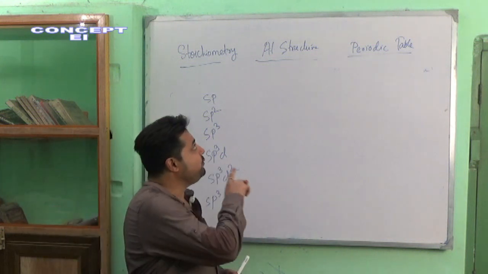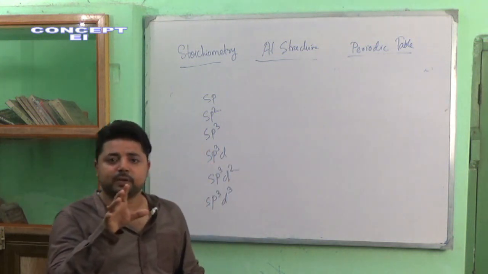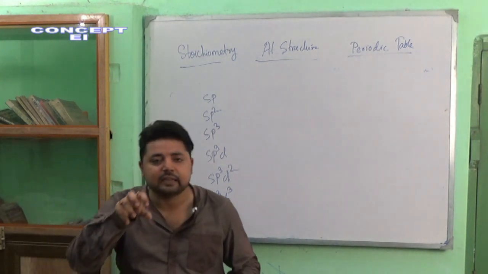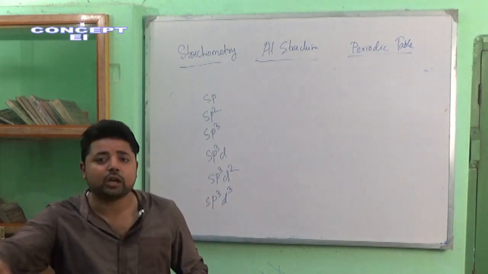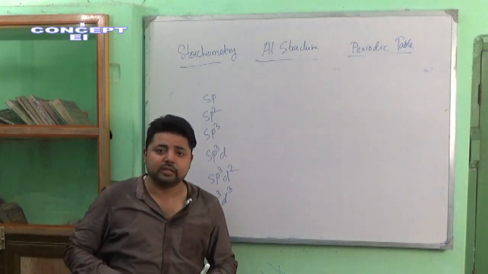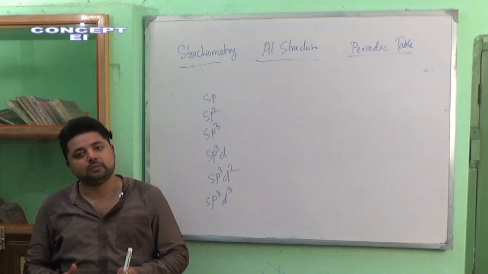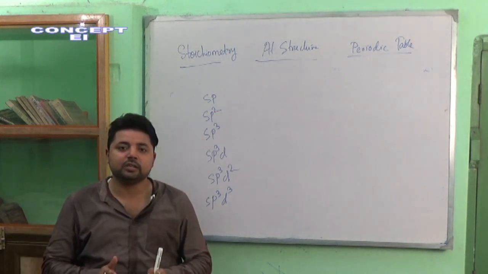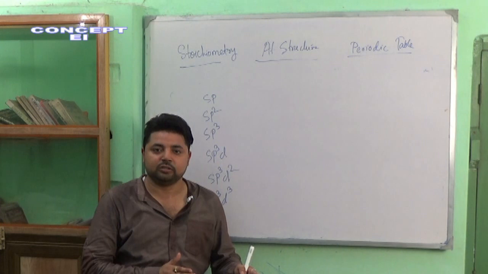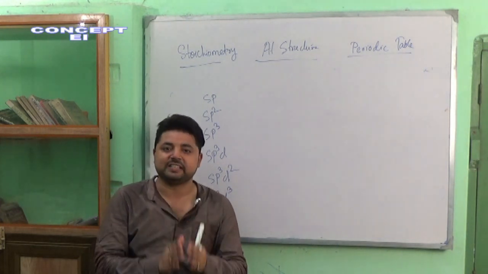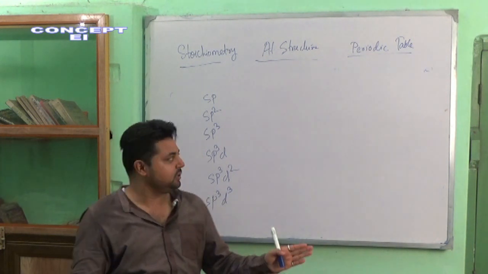Because these are the basics. If you have the whole concept of these 4 chapters, then nothing can stop you from understanding chemistry. The chemistry subject is full of logic. You just need to clarify your basics and nothing else.